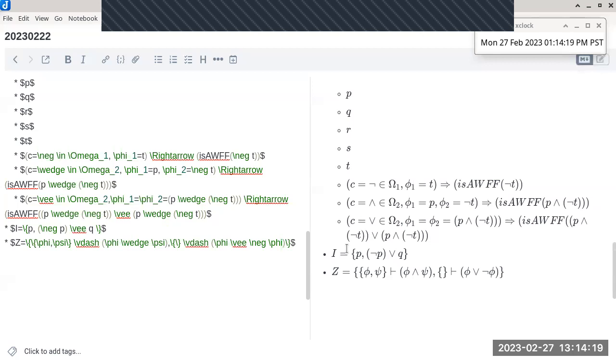I don't care. I can create one that has to be true. Just give me a phi that is a well-formed formula. It doesn't have to be true to begin with. But if you do an or between that well-formed formula and the negation of itself, the resulting disjunction has to be true. Does that make sense?